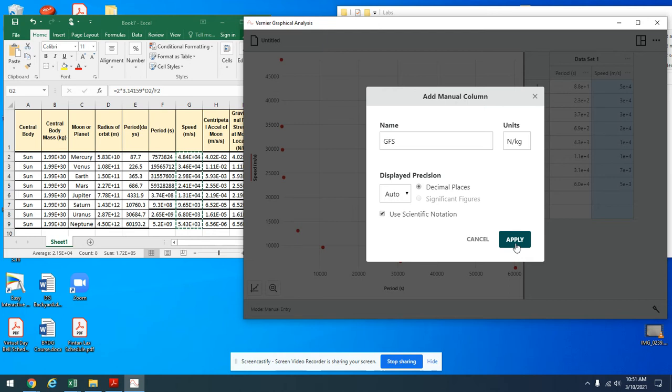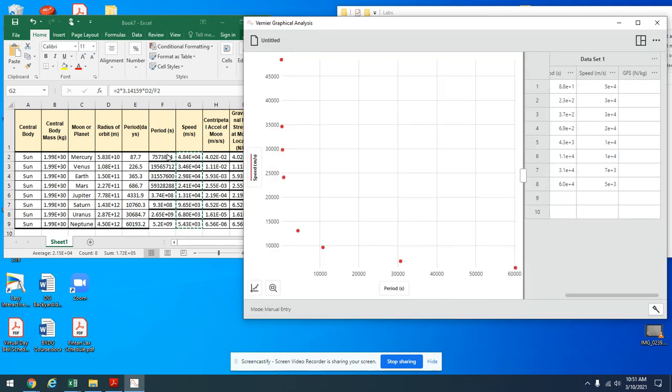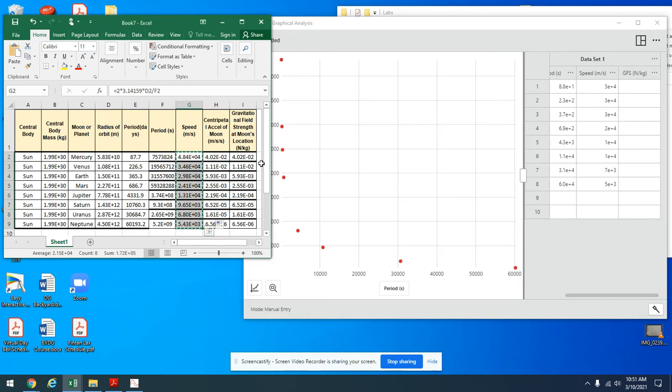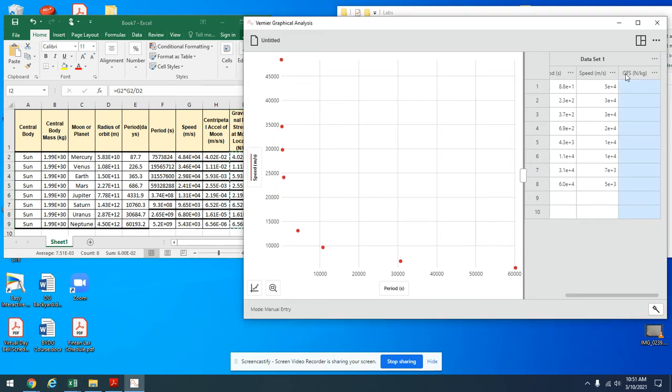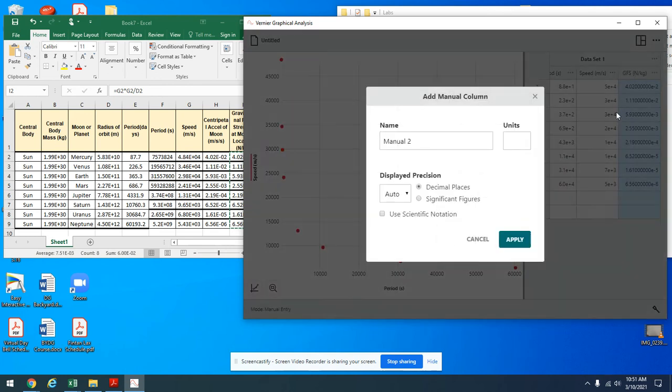All right. And I also want to have the radius in there. That's the last thing that I want. So let's grab that column of data. On the header, paste that in there. And one more column, I'd like to put in the radius.